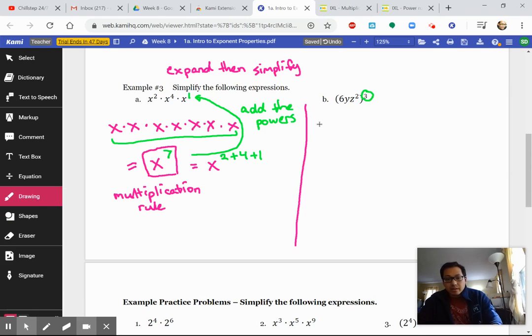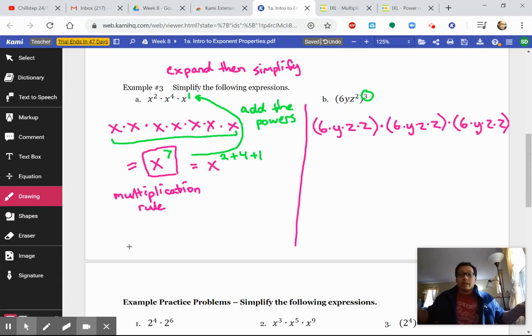Okay, let me try this again. 6 times y times z, and that's all raised to the power of 3, which means I'm going to write it again 3 times: 6 times y times z, times 6 times y times z, times 6 times y times z. All right, there we go. I've expanded it all out.